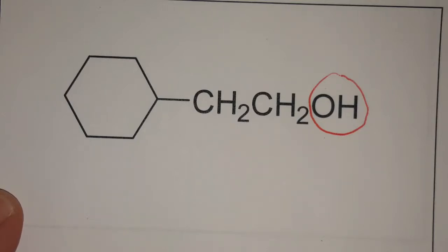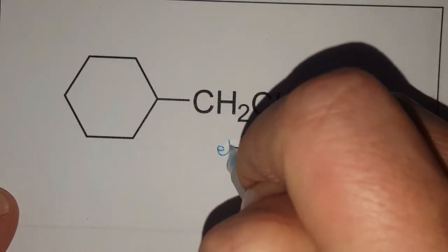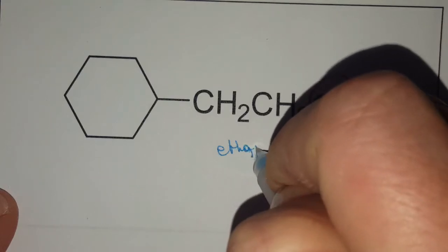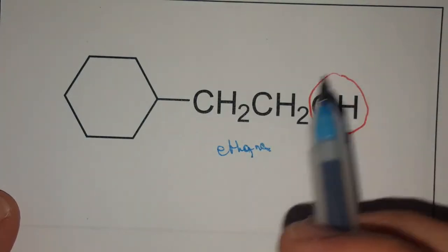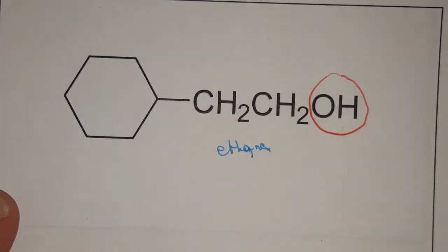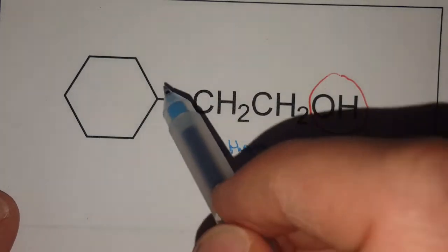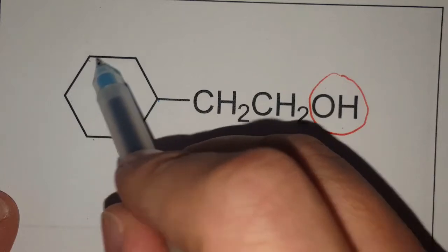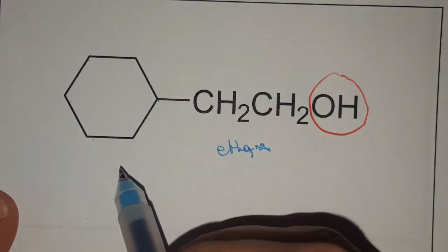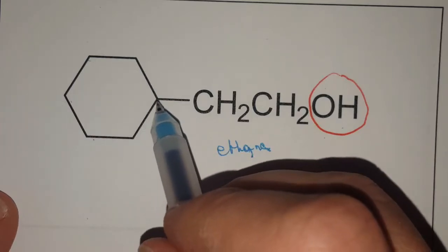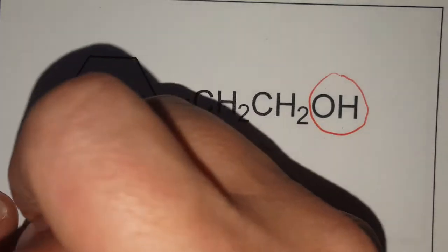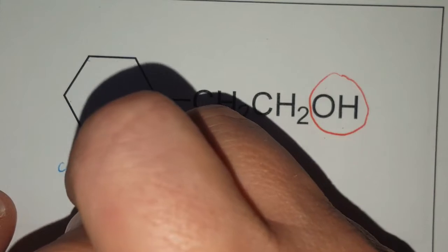So my root is going to be ethane. I start off with ethane, but I'm going to drop the E because of that. And that means that this gets named as a side chain. So I have 1, 2, 3, 4, 5, 6. That's a hex, and it's a ring, so that's a cyclohex. And because it's a side chain, it's a yl. So this is a cyclohexyl.